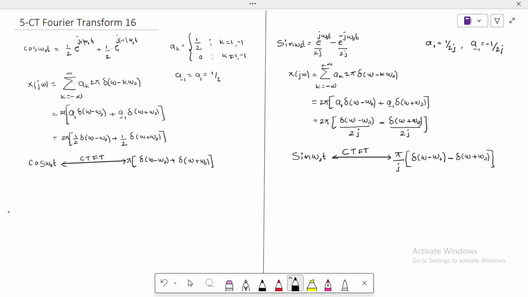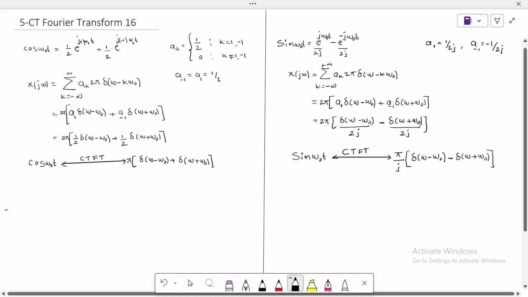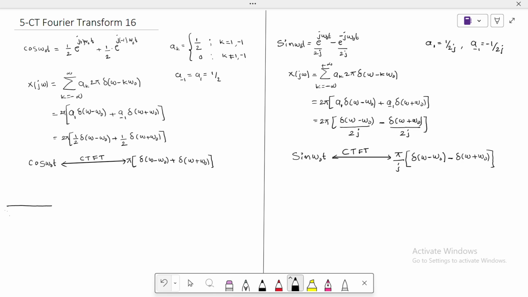In time domain, the cos function is an even signal, cos omega naught t.